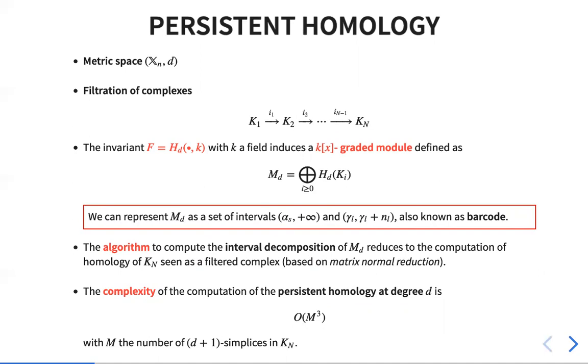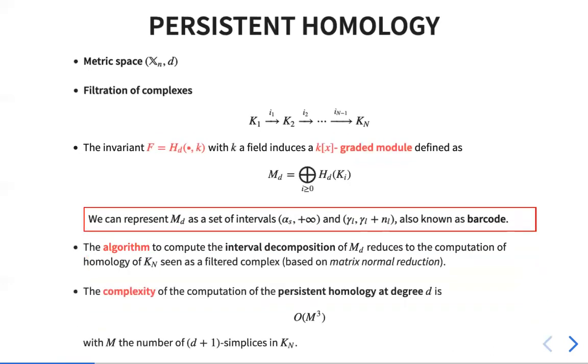You can improve it because you can compute multiplication of matrices more efficiently, but let's say it's cubical. The point is that we have an algorithm. So we cannot apply this pipeline for any topological invariant in theory, but in practice for homology, we have this nice algorithm.